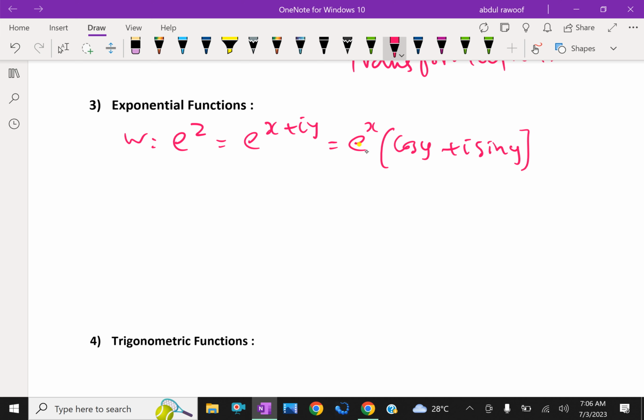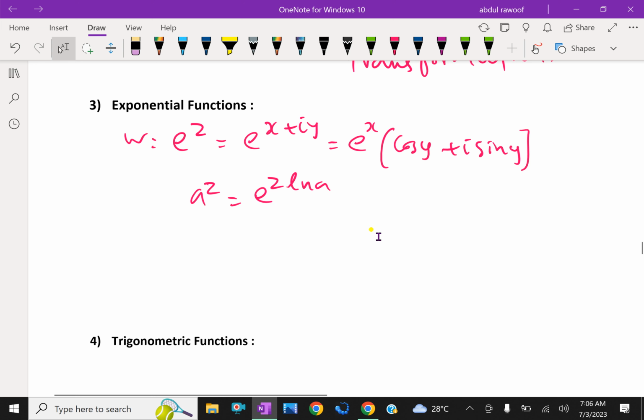Here e is the natural base of logarithm ln, and a is real and positive. Therefore, we can write one more example: a power z equal to e power z ln a. Here a is any normal base and e is the natural logarithmic base.